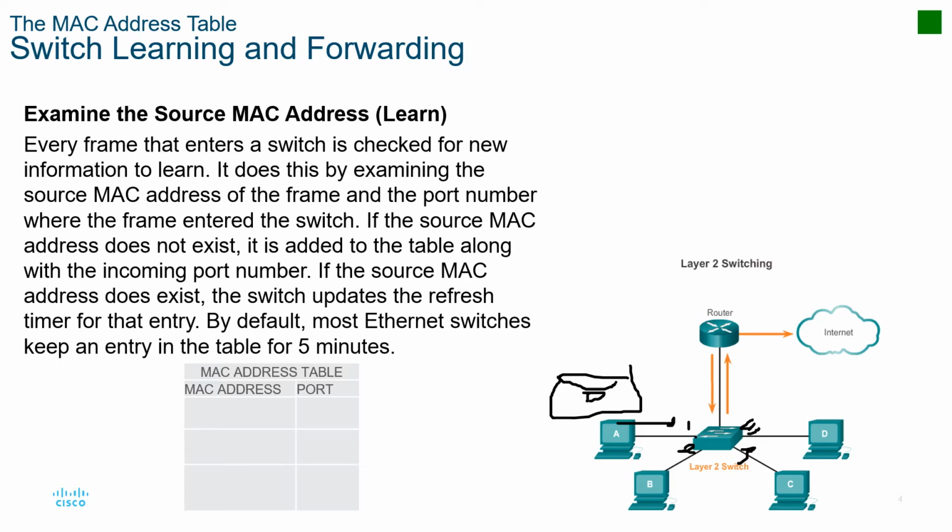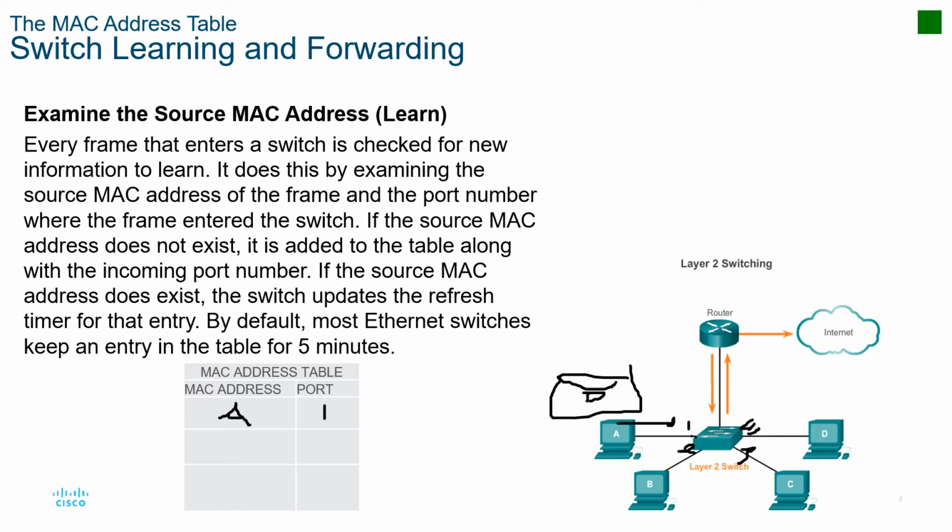Since the MAC address table is still empty, what the switch will do is map the source MAC, in this case A, to its incoming port. So it reasons, oh, I received a frame that has a source MAC address of A and it came from port 1. So therefore, A is in port 1.